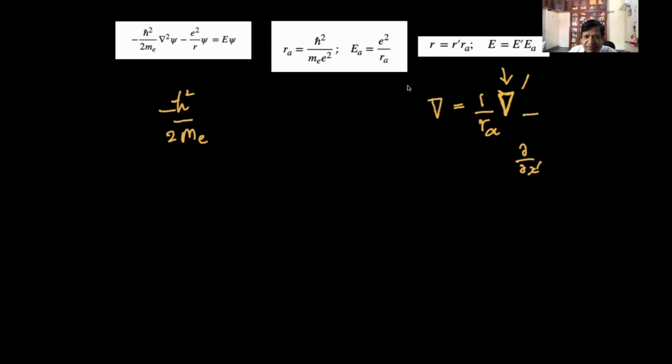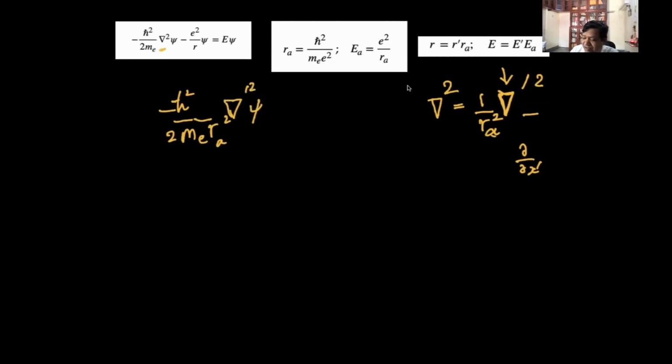Is that clear to everyone? If I want the second derivative, then I need to do it here, here, and here. I presume it's clear to everyone. Because I want this Laplacian prime to be dimensionless, I need to divide by r_a squared. So for this term, 1 by r_a squared will come, times Laplacian prime squared psi.